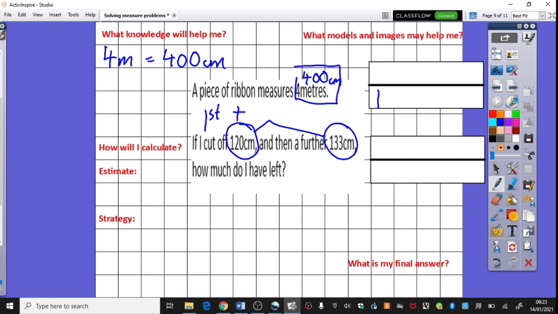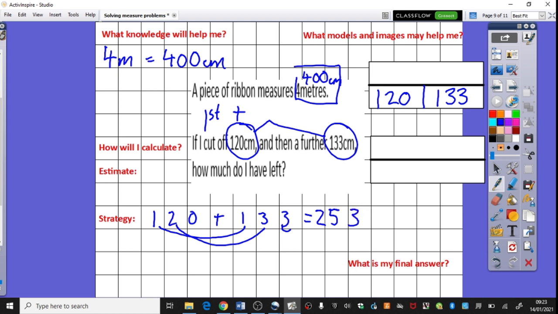So this time we're working out the total of 120 and 133. So down here then we've got 120, add 133. I'm going to use my place value knowledge here to see I've got 200, no crossing of boundaries, I've got 5 tens and I've got 3 ones.